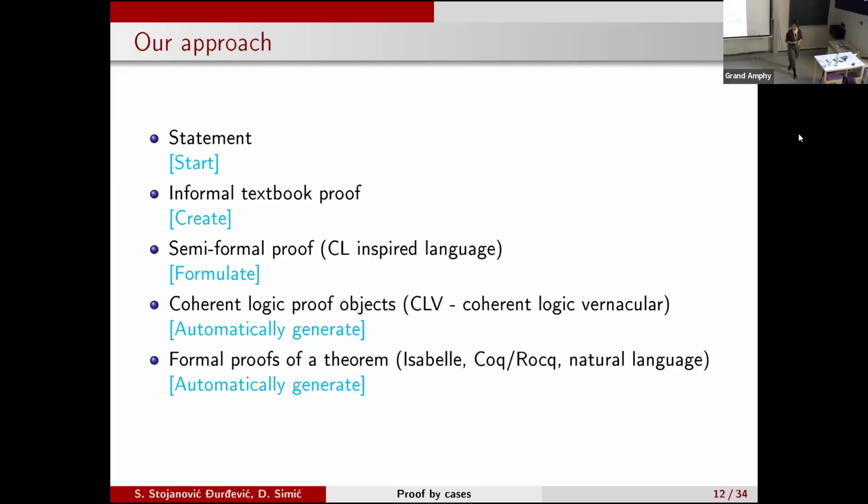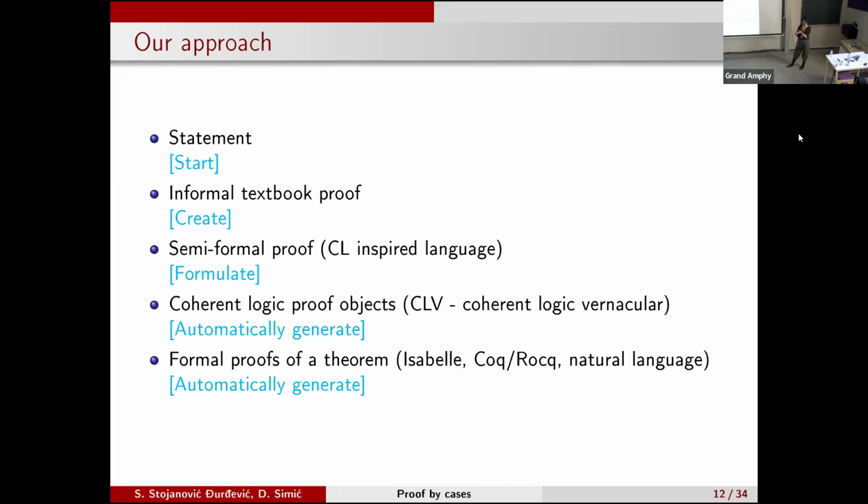We used coherent logic, which was very well suited for geometry theorems. We can use it as the basis for deductive systems.